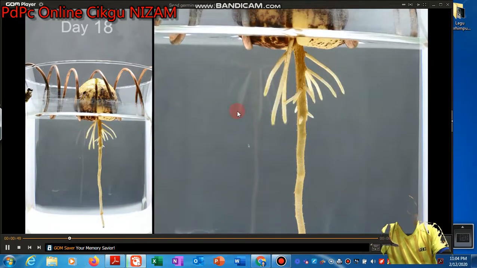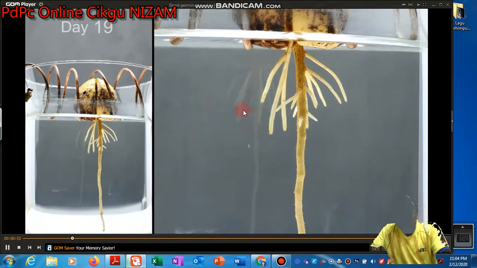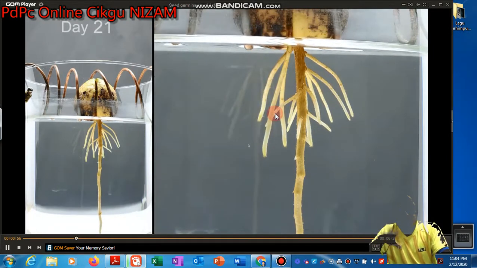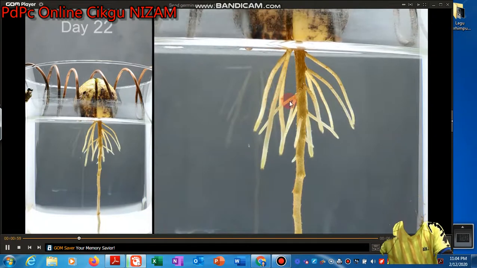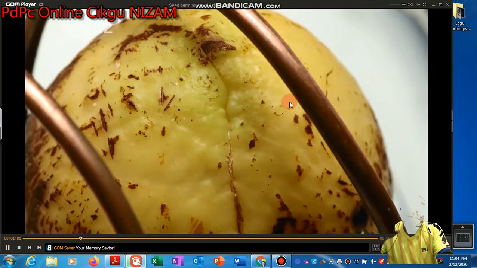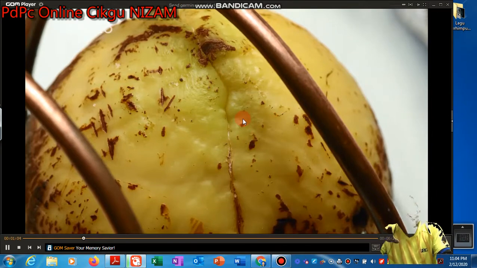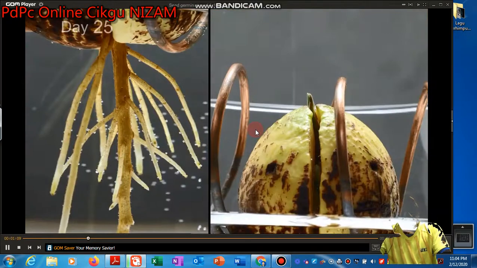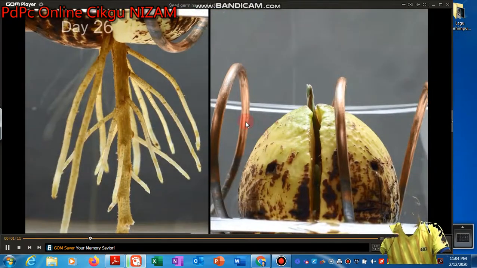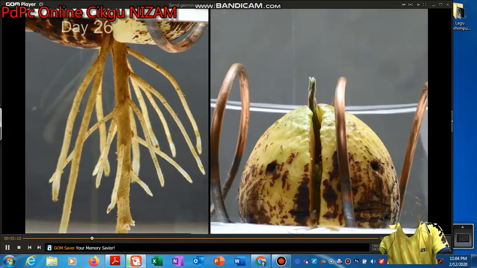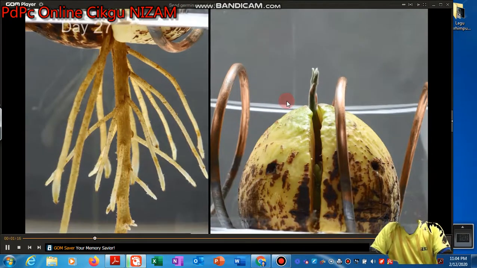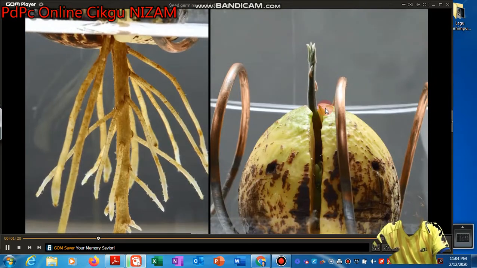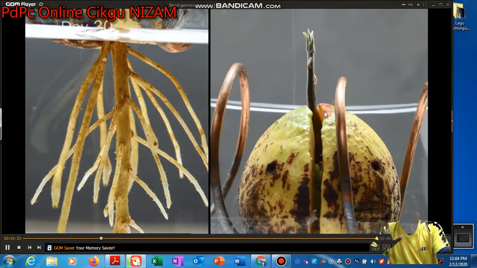We are very fortunate to have this video, and we can see the process of seed germination recorded by scientists. Even though it takes a long time, more than 20 to 30 days, we can see very beautifully how a seed germinates.